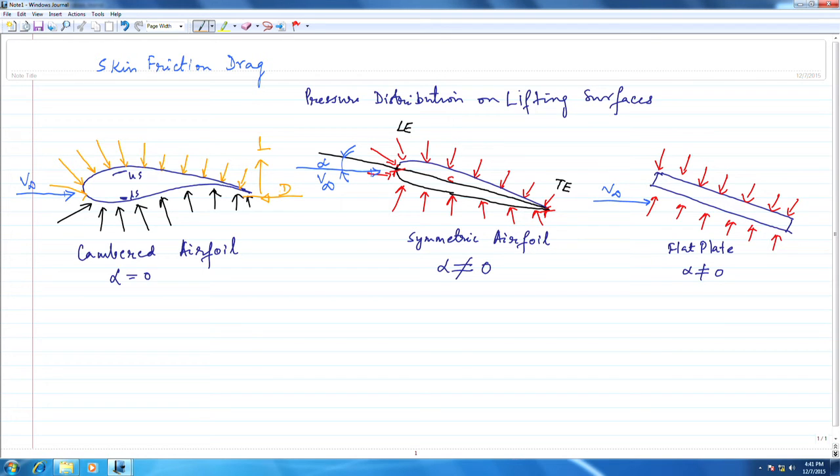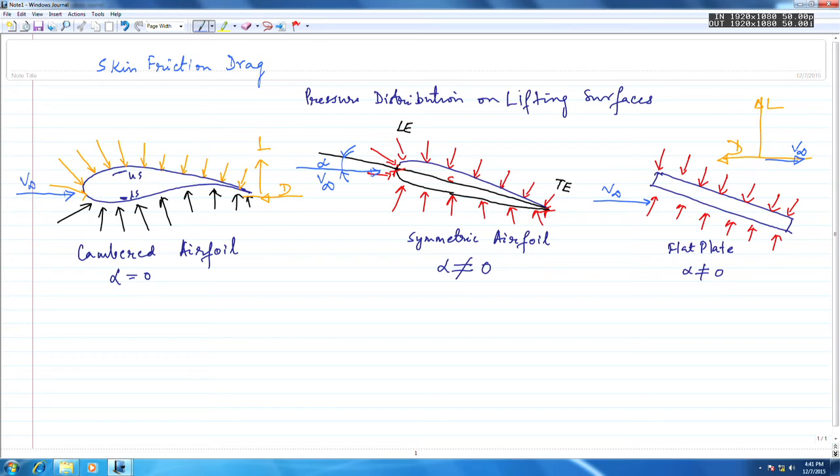In this case, V infinity is horizontal for all three cases, as you can see. Therefore, this is lift and this is drag, because this is your V infinity.